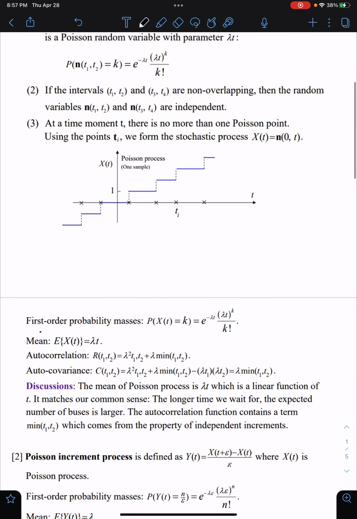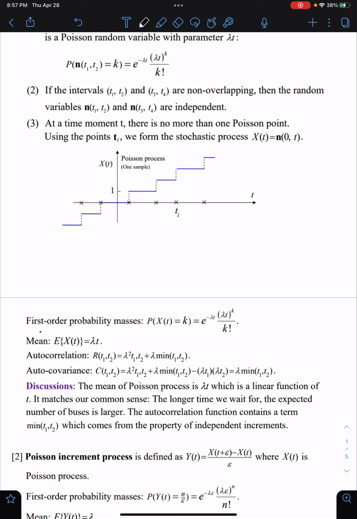The mean of X(t) equals lambda t, the autocorrelation of this stochastic process equals lambda squared t1 t2 plus lambda times min(t1, t2), and the autocovariance equals lambda times min(t1, t2).